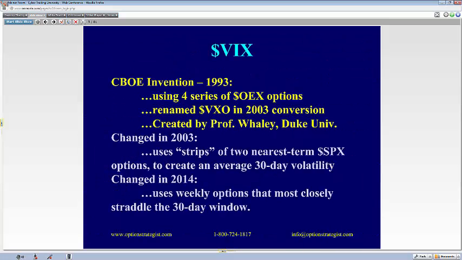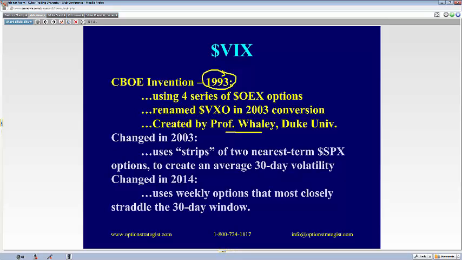The CBOE quantified volatility in 1993 when they designed the VIX index for the first time. That was actually designed by Professor Whaley at Duke University. His name's going to come up later in this presentation. In 2003, they changed the way the VIX was calculated to use two strips of options.